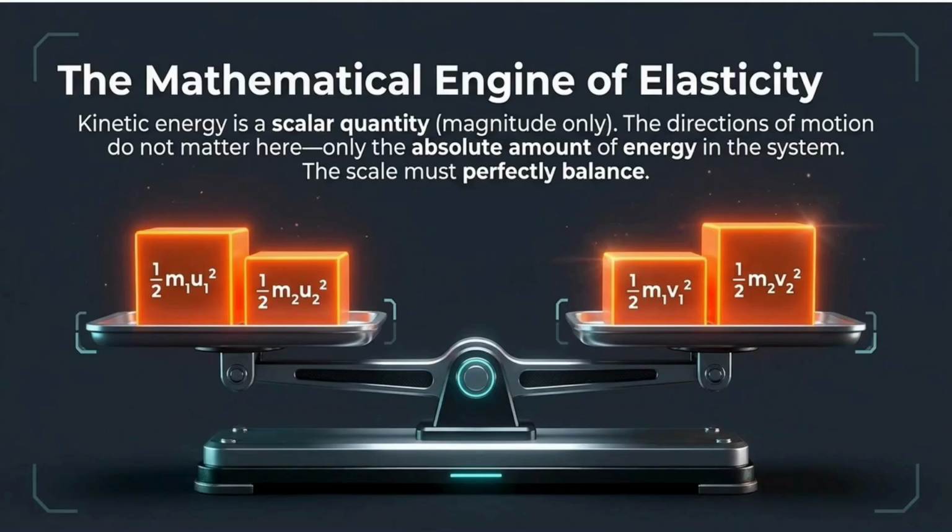One more thing here is that kinetic energy is a scalar quantity. So you don't need to bother about the direction. You just have to add the velocities. If there are problems given in two dimensions, you don't need to resolve any vectors. You just add them like scalar quantities.